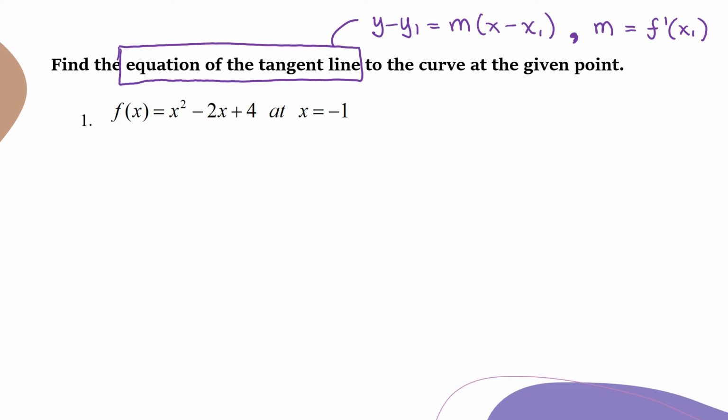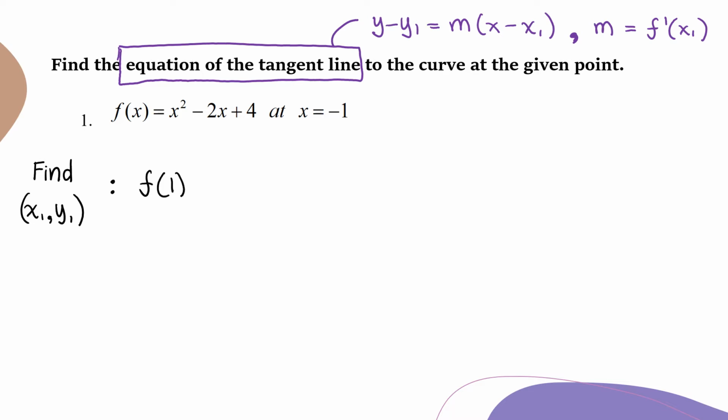So we have f of x is equal to x squared minus 2x plus 4 at x is equal to -1. One of the first things I like to do is to find my point. So right now my goal is to find my x1, y1. We are given x is equal to -1, so we can substitute that into our function.